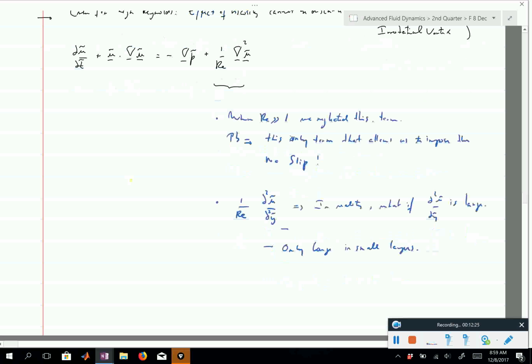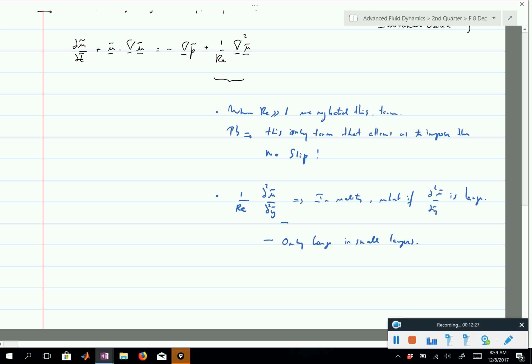Okay, that means if you're thinking about this term here, d squared u divided by dy squared, this will scale like u divided by, I'm going to already call it, delta squared. So there will be a characteristic length in the y direction. Only when this characteristic length in the y direction is really small is the gradient going to be large.